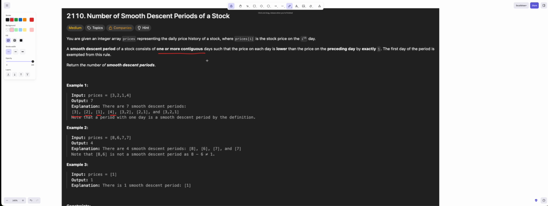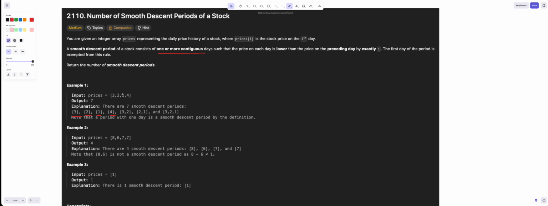And then each day is lower than the price on the preceding day by exactly 1. So the price at the index of the second day should be exactly 1 lower than the previous day. That is a smooth descent period.